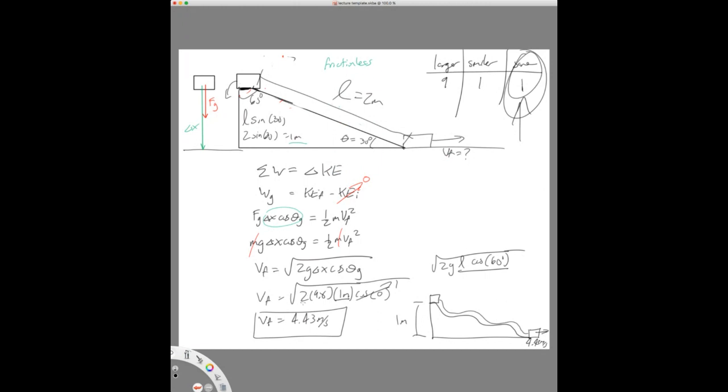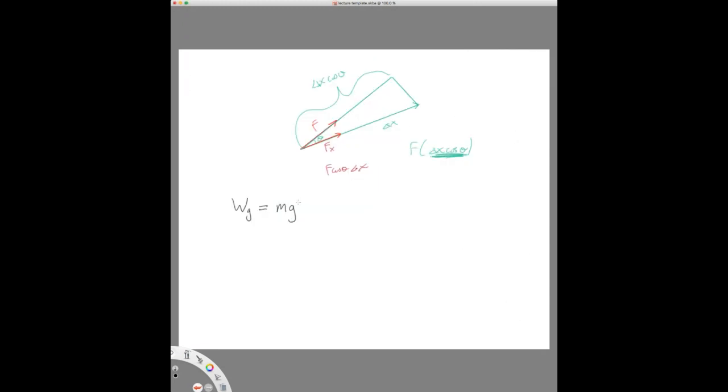So the work was m times g times delta x, and the delta x was really just a height. So we can say m times g times delta y. That's how we find the work done by gravity.